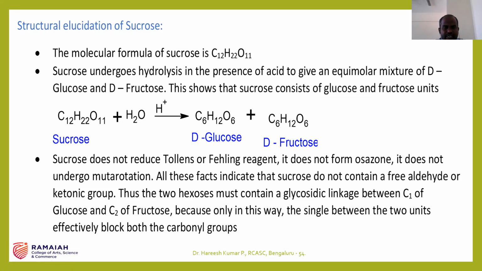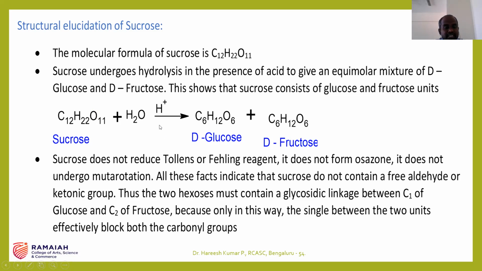So here, sucrose on hydrolysis in presence of H plus gives two units, D-glucose and D-fructose. What does it indicate? It indicates that sucrose is formed by the combination of D-glucose and D-fructose. Otherwise, sucrose contains two units, D-glucose and D-fructose.